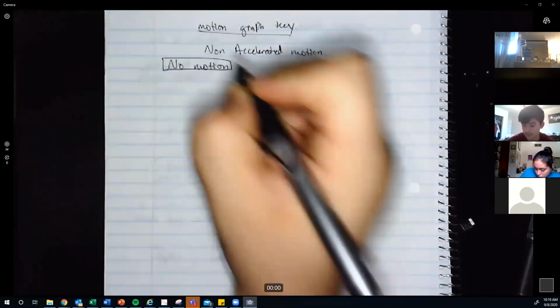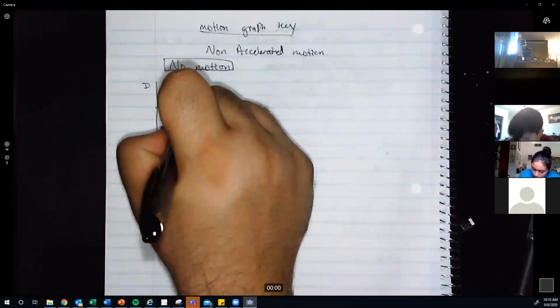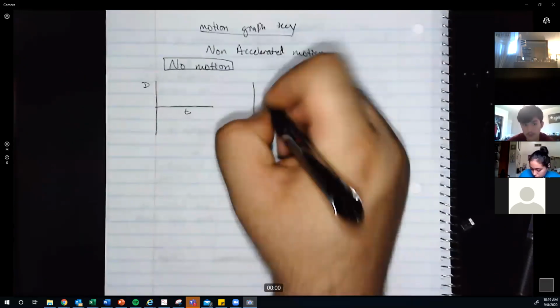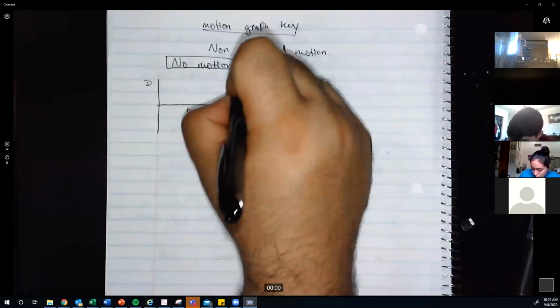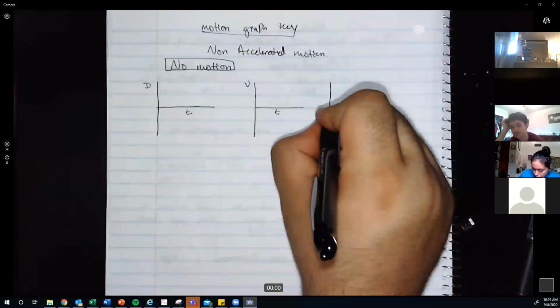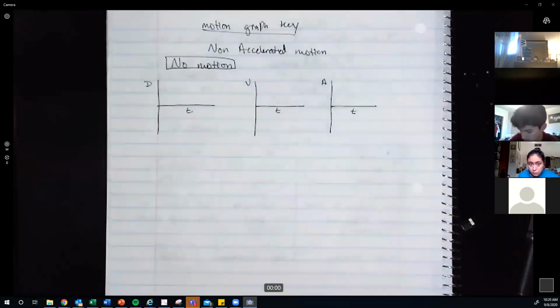If you have no movement, there's three graphs that can represent no motion. One of them being a displacement time graph, the other one being a velocity time graph, and the last one being an acceleration time graph. So go ahead and draw these into your notes because you will need them.